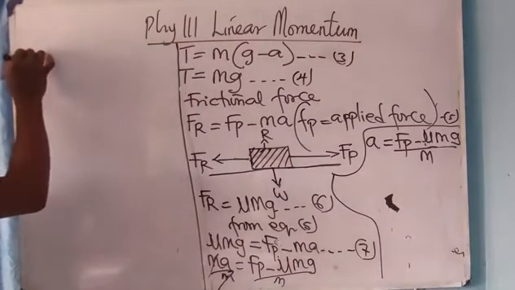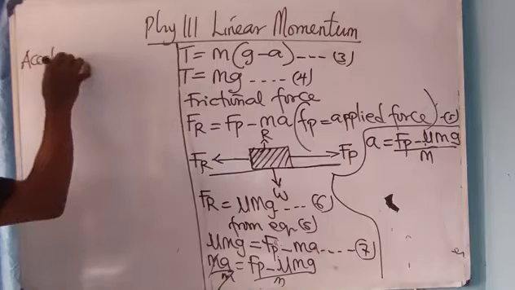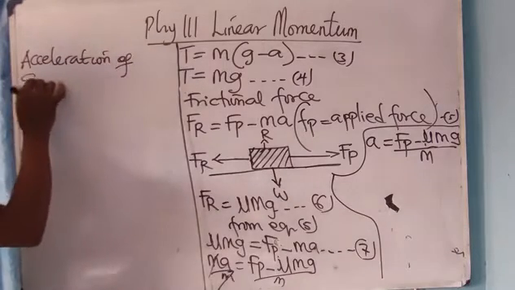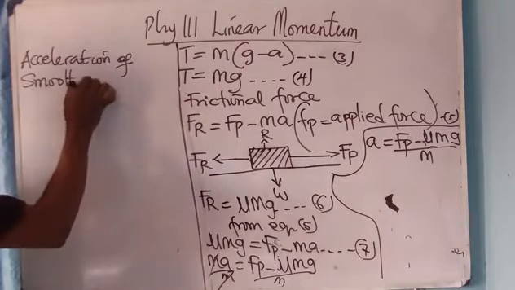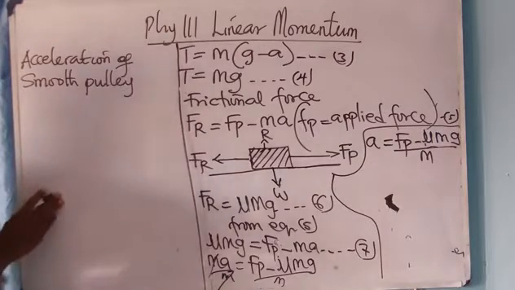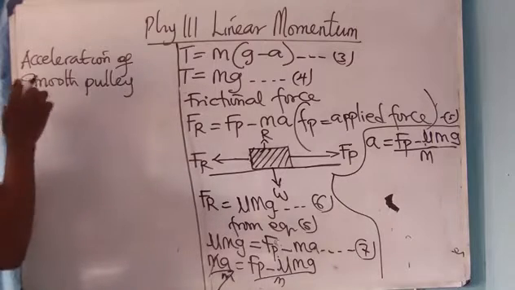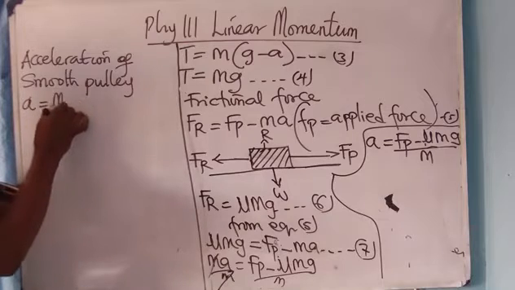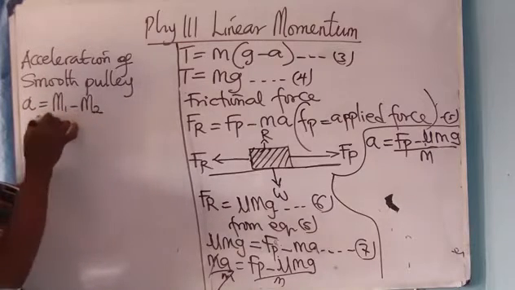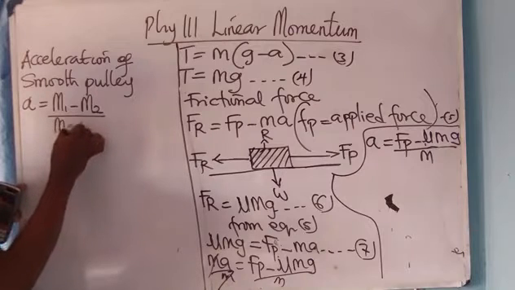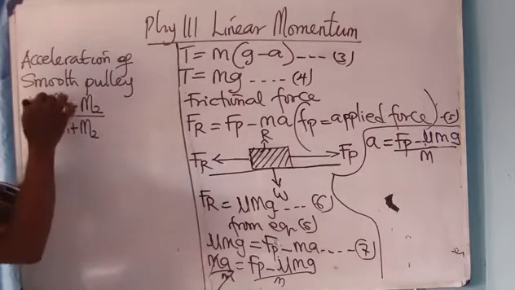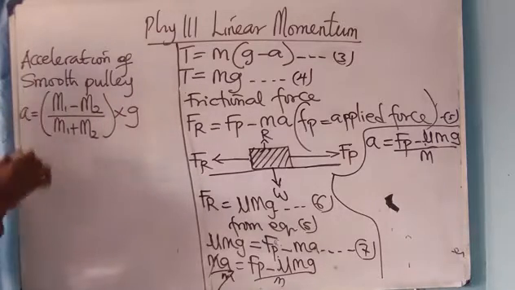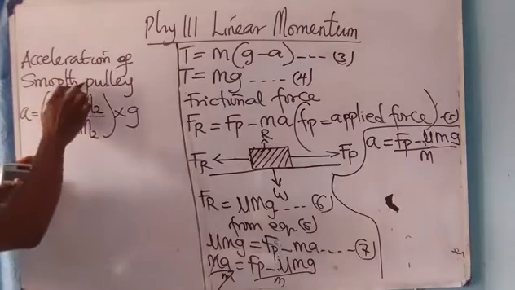Now whenever you hear the word acceleration of a smooth pulley, the acceleration is given as a equals m1 minus m2 over m1 plus m2 times g. And of course we know that g is gravity.